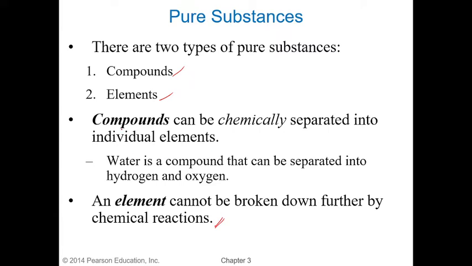But a compound is a combination of two or more elements. For example, hydrogen and oxygen. If you combine hydrogen with oxygen, you will create water. We know that your water is H2O, so you have two hydrogens and one oxygen.